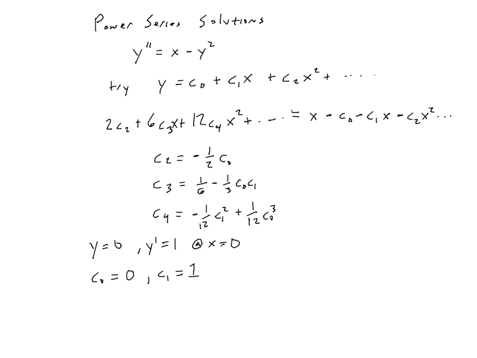And if C0 is 0 and C1 is 1, then you can use that to populate everything else. So you have C2 is equal to 0, C3 must be equal to 1/6, C4 must be equal to minus 1/12, etc. So you can figure out every single term from there on out.